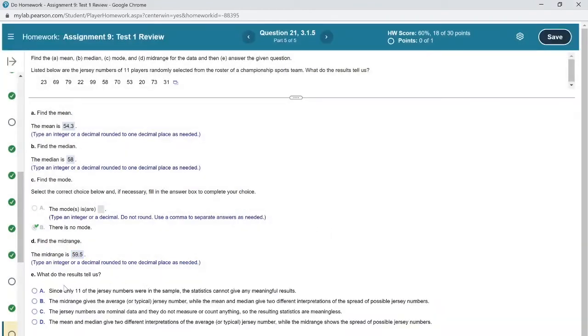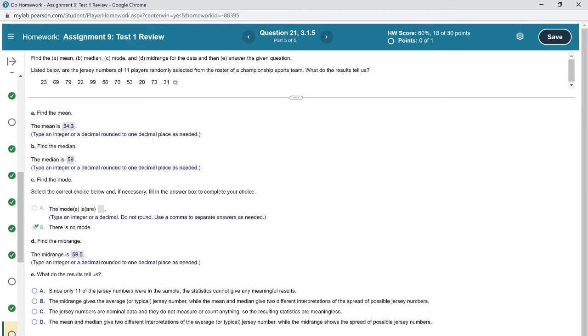Okay, so to answer this question, first of all, keep in mind these are the data for Jersey numbers. Actually, those numbers do not represent any statistical value, because for Jersey numbers, instead of putting the name, we are just using the number. So whenever we use this type of data, these values are meaningless. So what do the results tell us?